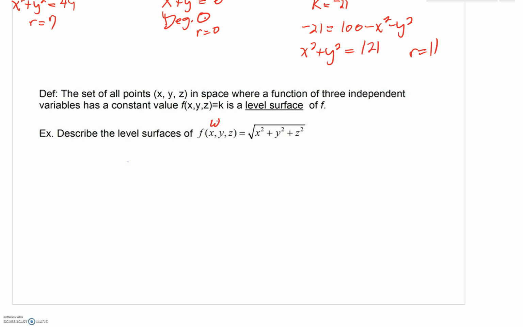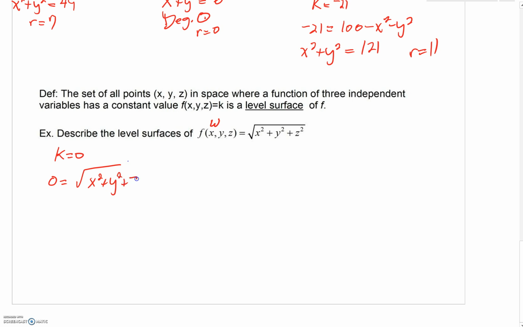And that's mind-blowing. But what we can do, more or less, is say, look, we could make level surfaces. We could let w equal some specific value. So describe the level surfaces. Maybe one of the easiest k values, like let's just set k equal to 0.